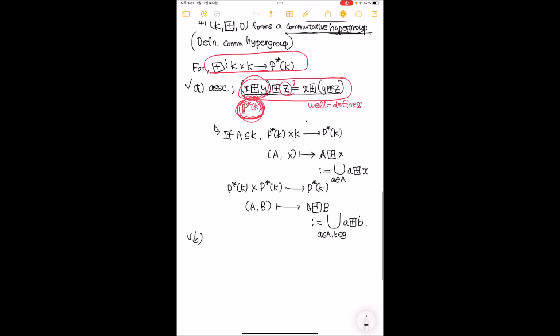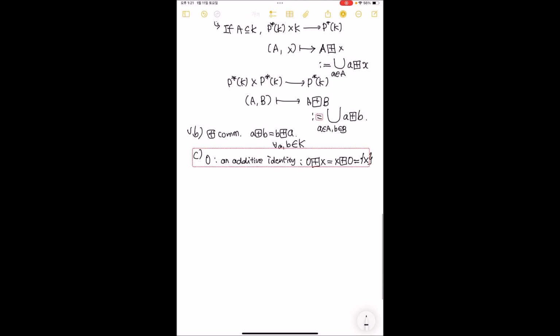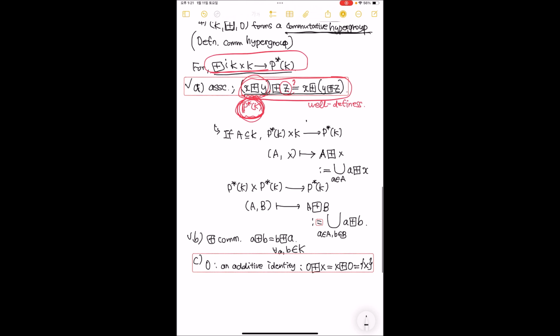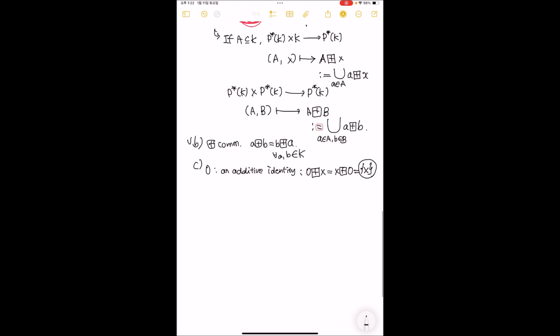The commutative law holds for every x, y in K. And 0 is an additive identity, but the result should be a power subset, because by definition the result comes out as a set, in power subset form.